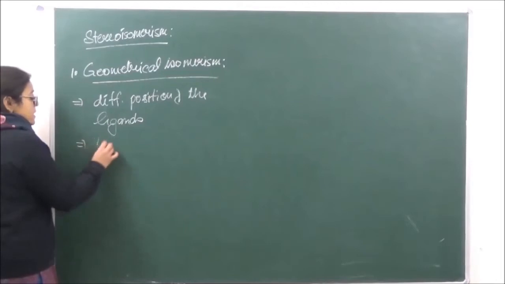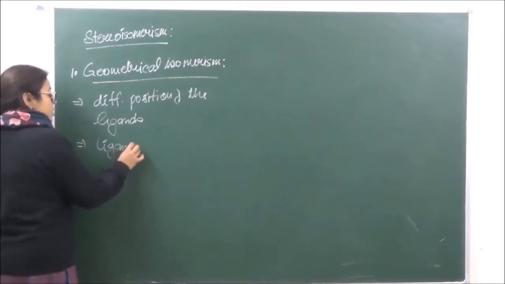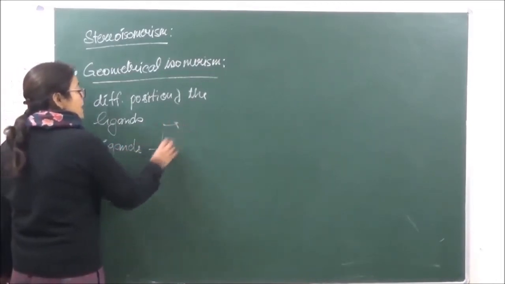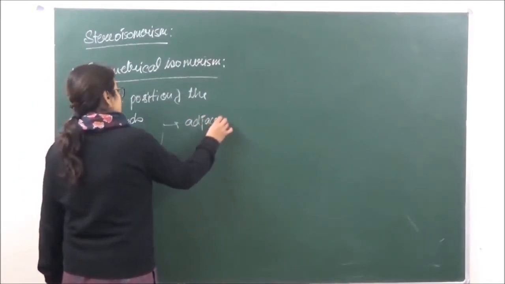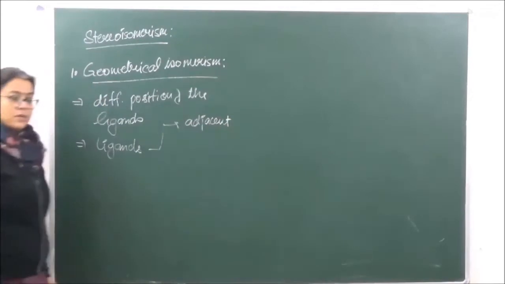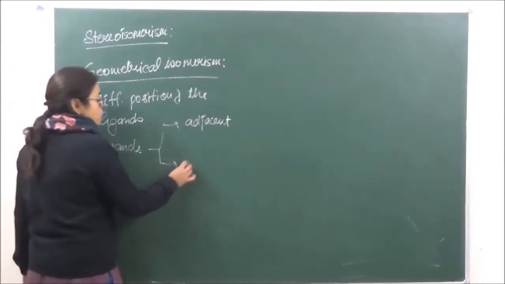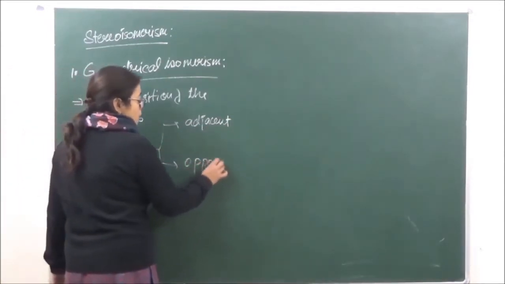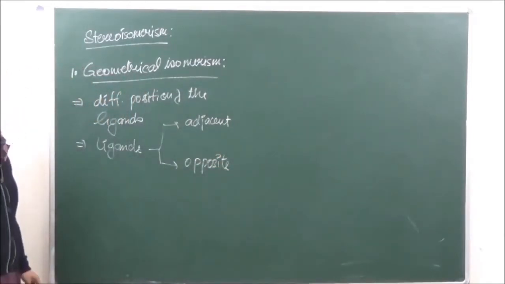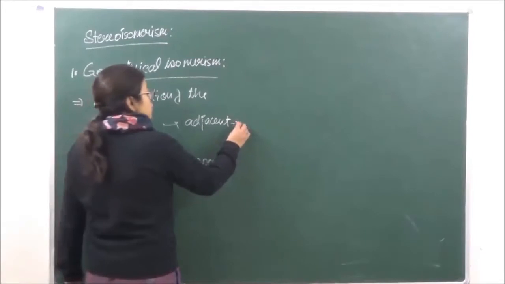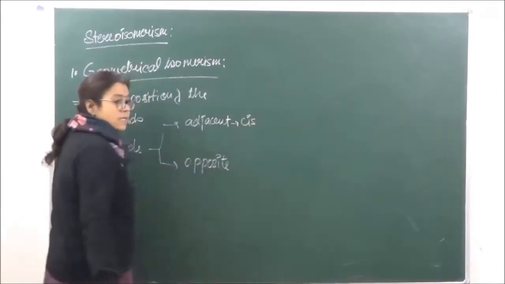So the ligands can occupy two positions. They can occupy positions adjacent to each other, or they can occupy positions opposite to each other. If they are occupying positions adjacent to each other, the isomer is known as cis.